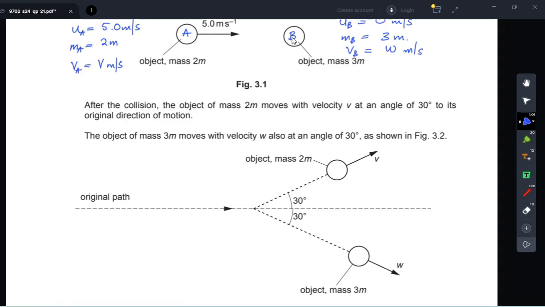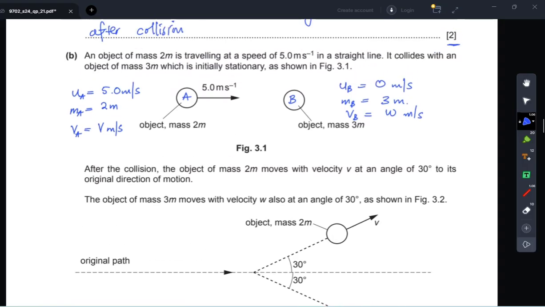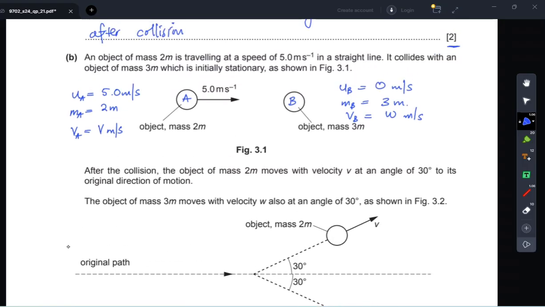So let's assume this is the original path, that's before collision. Before collision we have mA uA plus mB uB.